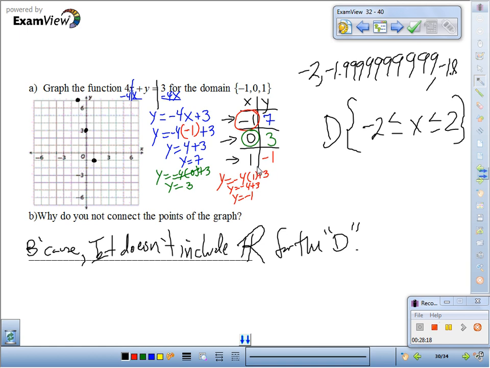Now you connect them. Did everybody hear that? Let's see, what did she say? Esteban, since she said yes. Very good. She said, if it only said graph the function, what are they telling us?